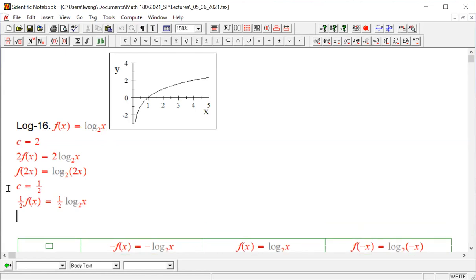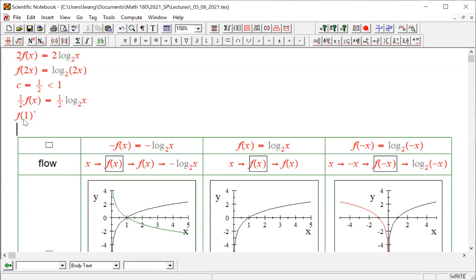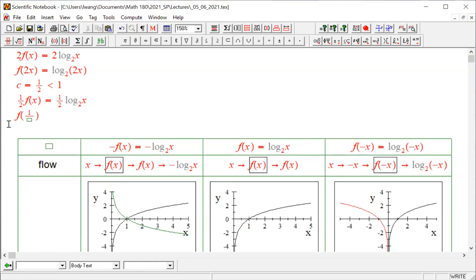C is larger than 1 in one case and smaller than 1 in the other, and C is positive, so we choose a positive number for C here. We just want to see what we're getting. And f of half x, sorry about that, half x. Does everybody follow me? That is equal to log base 2 of half x, or just x over 2.